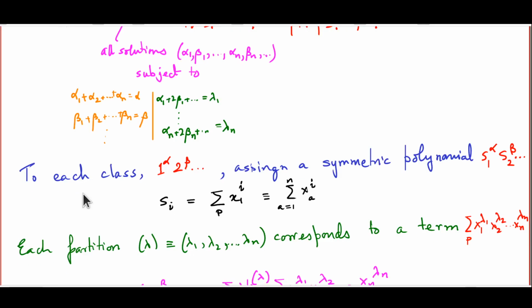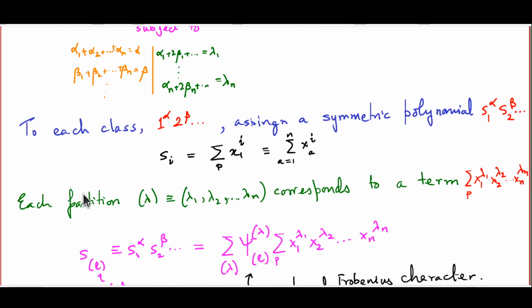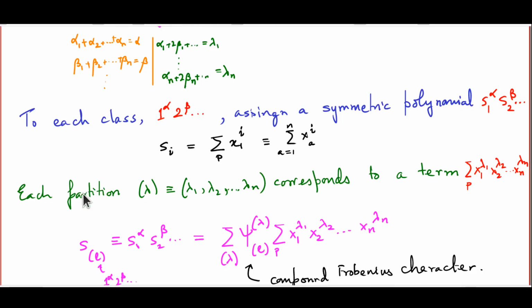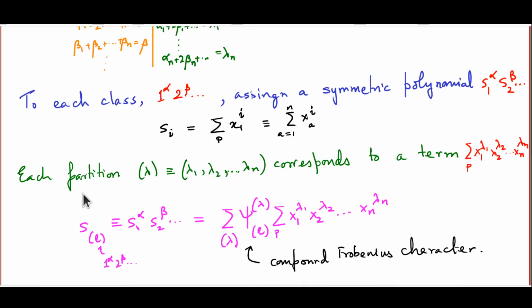And it is easy to see that you can write our symmetric polynomial corresponding to class L, SL, which is, let me remind you, S1 to the alpha, S2 to the beta, if L has a cycle structure 1 to the alpha, 2 to the beta, and so on, as a sum of these symmetric polynomials over every partition.